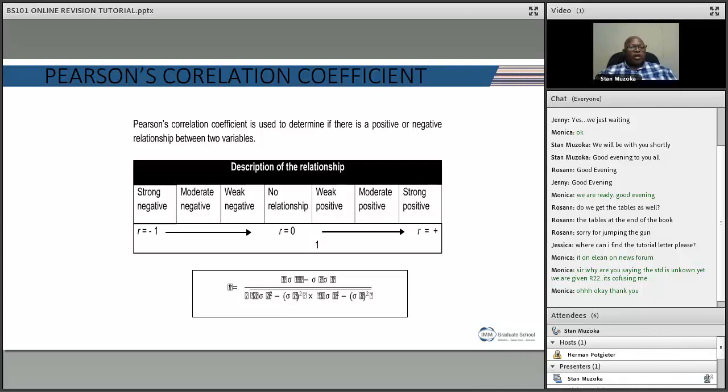And then you will be asked to calculate or interpret the coefficient of correlation, which determines the strength of the relationship between adverts and sales.